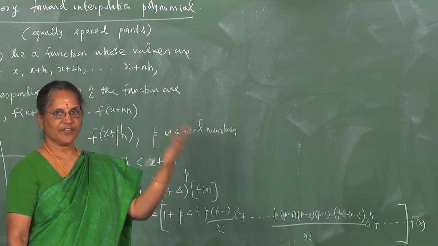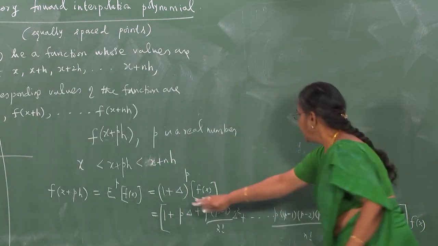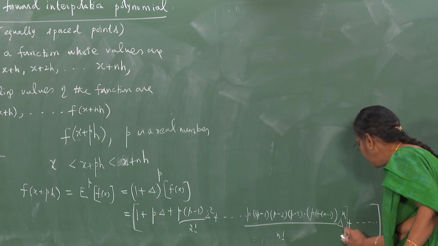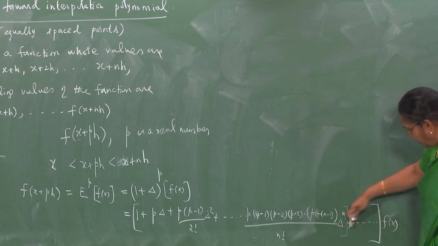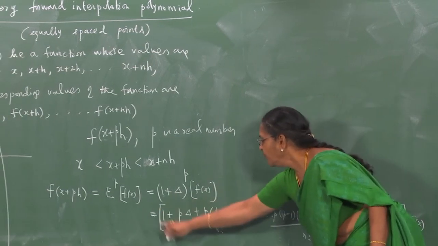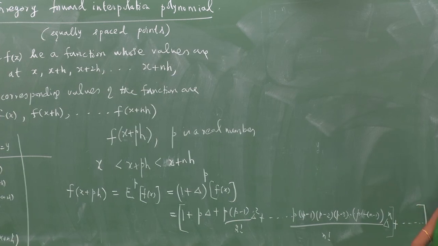We will make use of that result so that the terms here will terminate here, because the nth order difference is constant and the higher order difference will be 0. So, the terms will just be those which appear within the brackets operating on f of x.